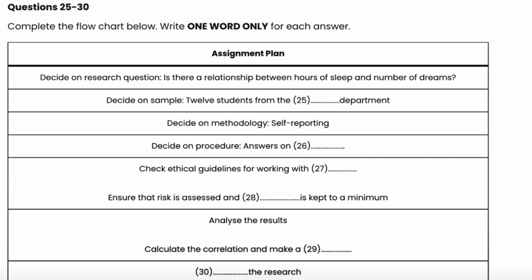So, how about, is there a relationship between hours of sleep and number of dreams? Okay. Then we need to think about who we'll do the study on. About 12 people? Right. And shall we use other psychology students? Let's use people from a different department. What about history? Yes, they might have interesting dreams.